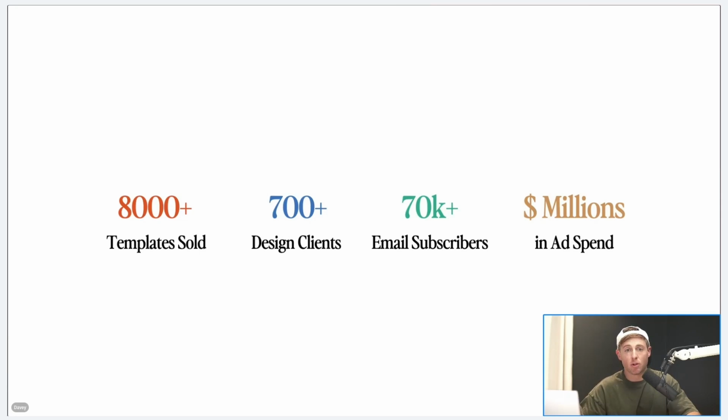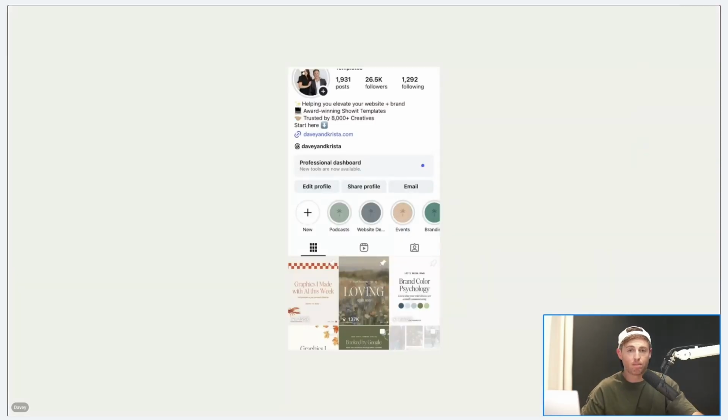And those email subscribers are the reason that they did so consistently well. Those email subscribers are the reason why we're able to sell so many website templates and work with so many different clients. It brings consistency into your business because you no longer have to guess at where your next client or sale is coming from.